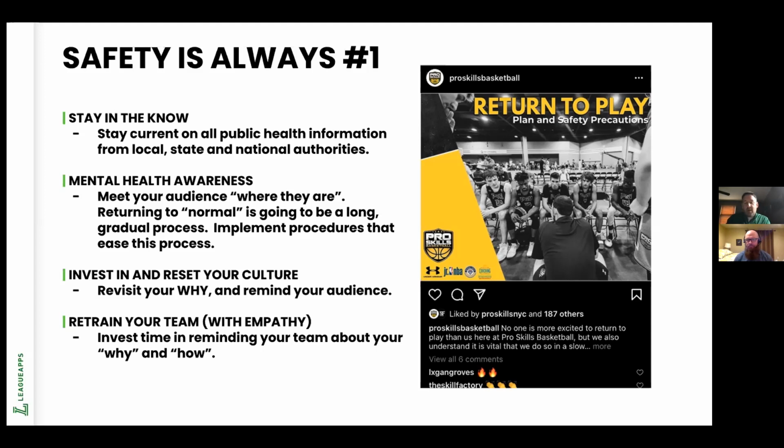They're going to need to know that they have someone supporting their journey, and they need to know how they can help support your journey and the journey of your participants. So take the time, invest the time in retraining your team so that they can take the field with confidence, with compassion, and be able to effectively deliver that vision that you have for your program.